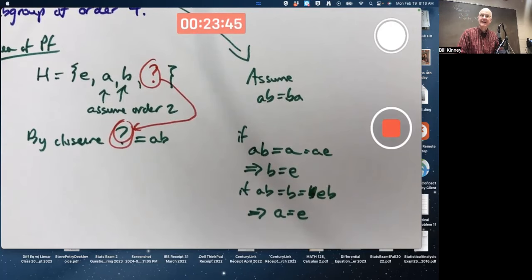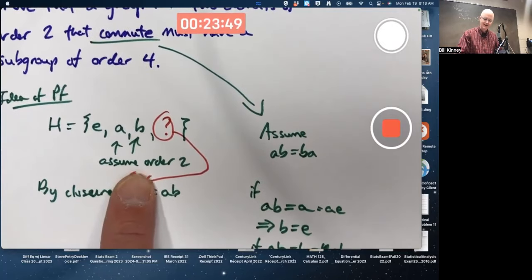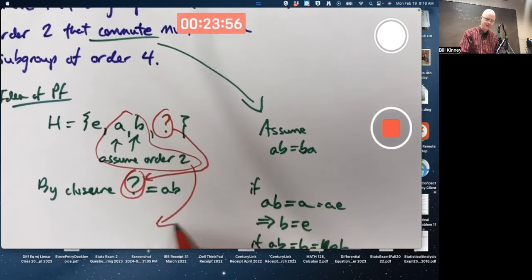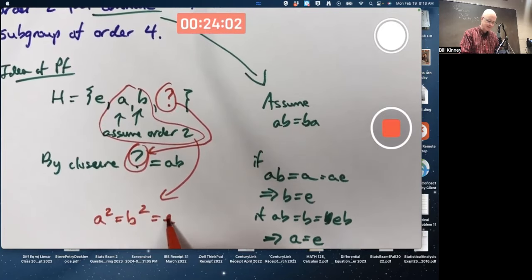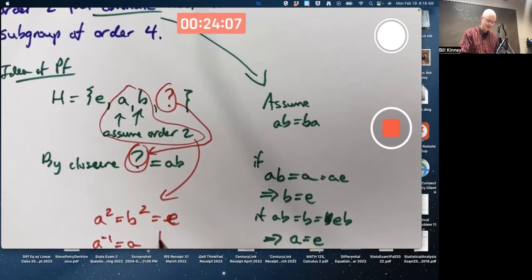It can't be the identity either, because having order 2 means each element is its own inverse. If we assume these have order 2, that's going to mean A squared and B squared are both equal to E. In other words, A inverse equals itself and B inverse equals itself.